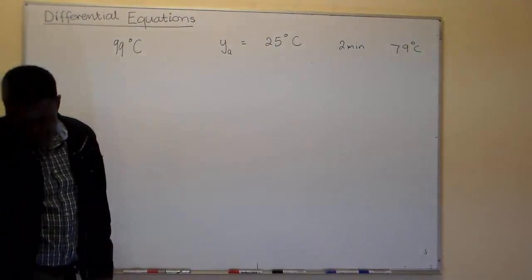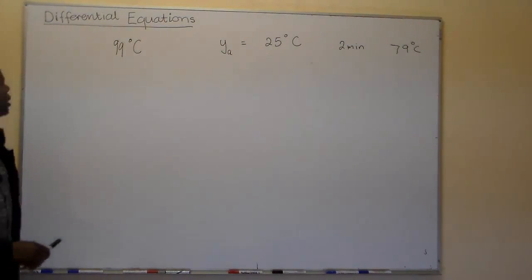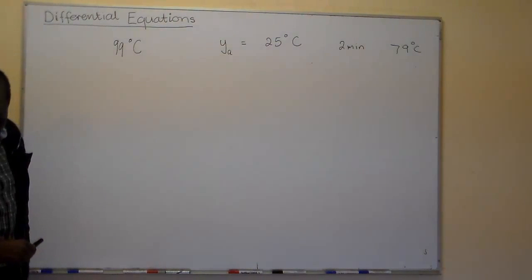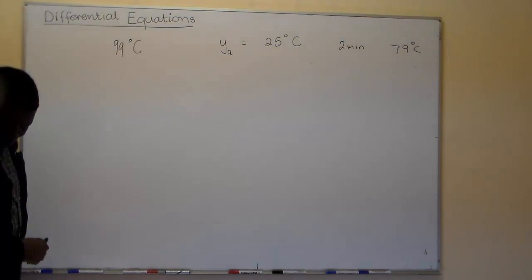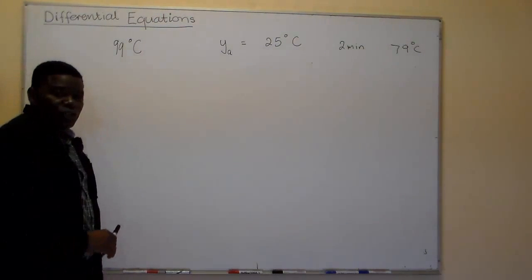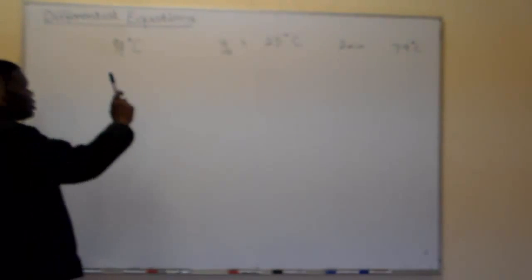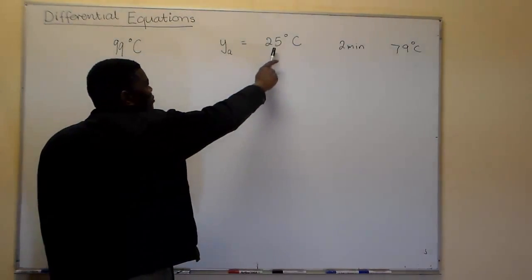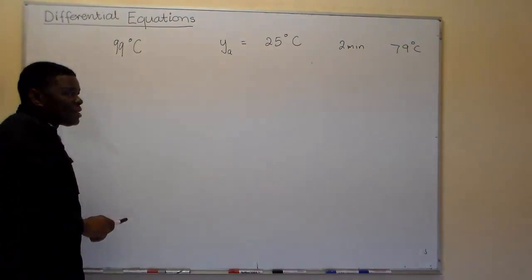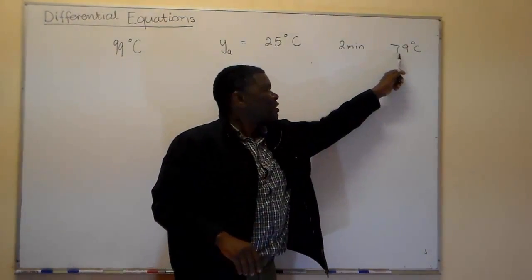Now the question is, at what time t is this liquid going to be at 50 degrees Celsius? So to solve this kind of problem, I hope you notice the situation given here. We're given a liquid at 99 degrees Celsius and the ambient temperature is 25 degrees Celsius, and it's observed that after 2 minutes the temperature is standing at 79.